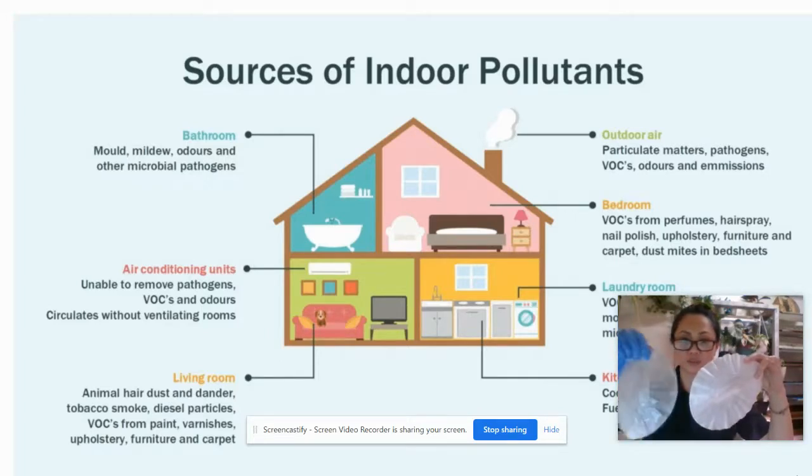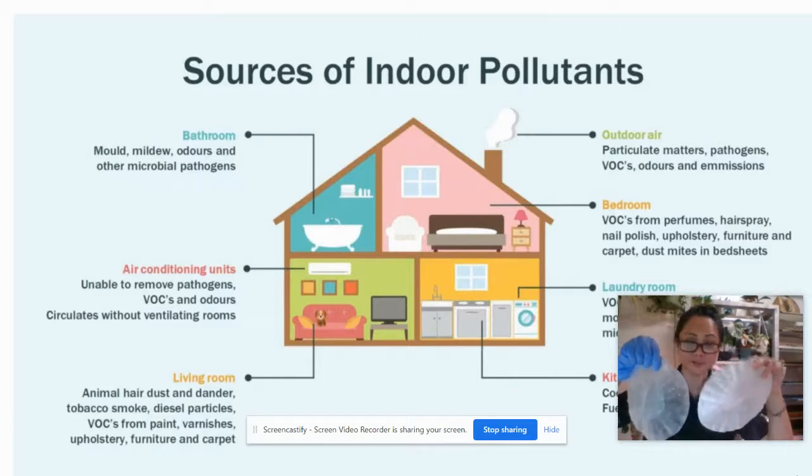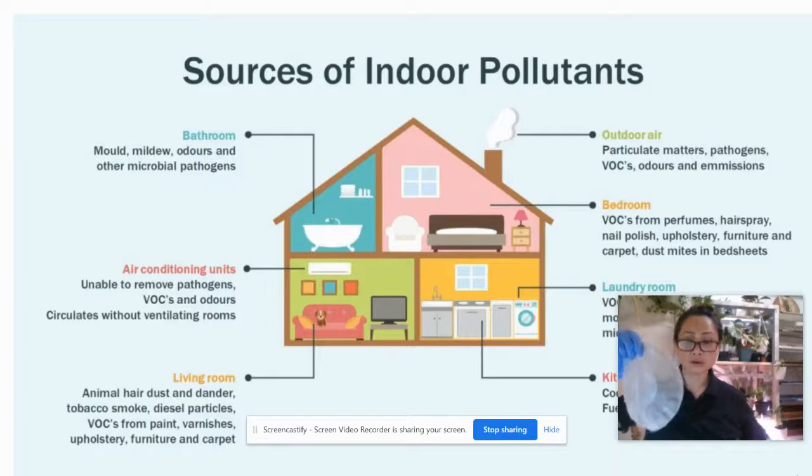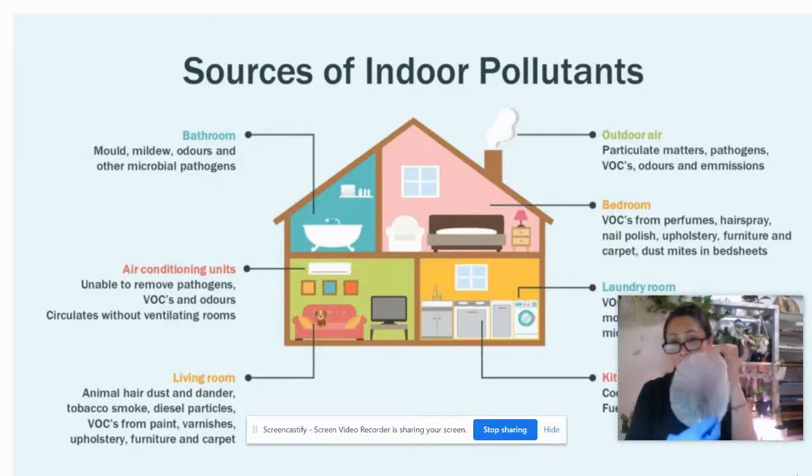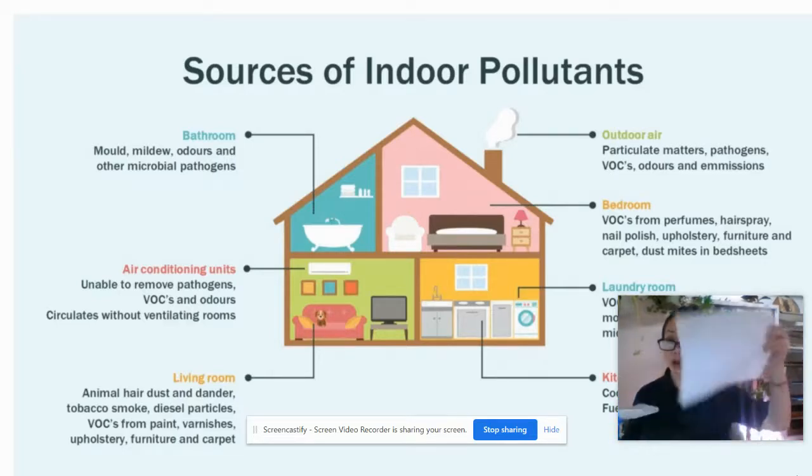This is with petroleum jelly. This is without petroleum jelly yet. Once you have your filter paper with petroleum jelly, the next thing you're going to do is get the tape and tape it on the piece of paper that you have.